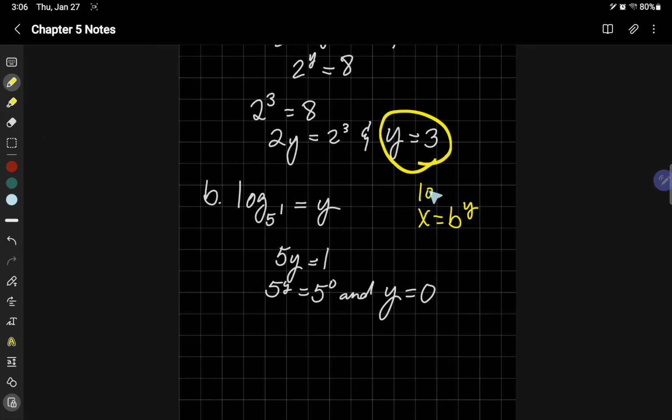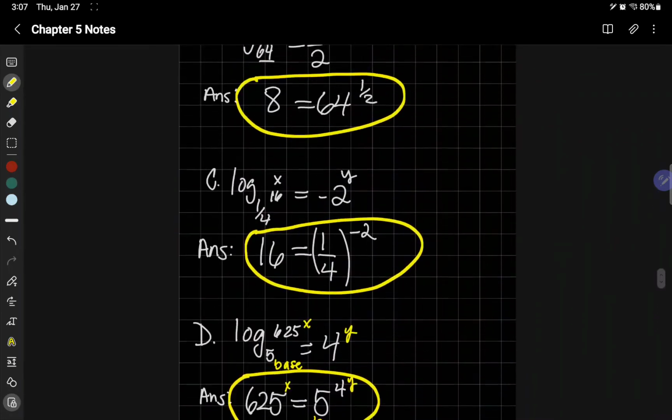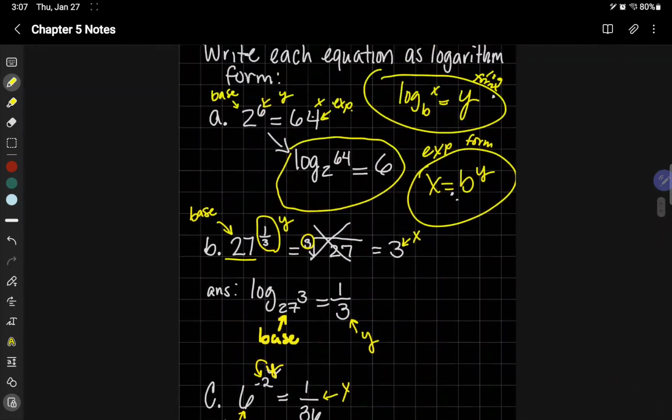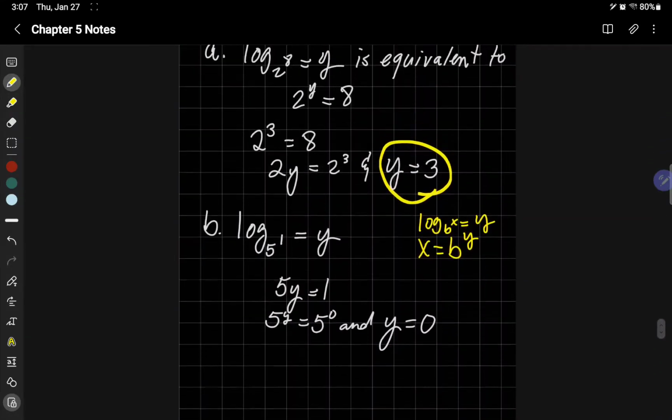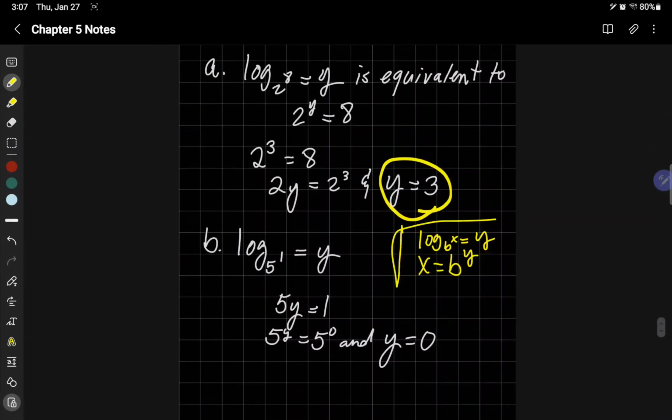And remembering this, log base b of x equals y. We have to remember it. My goodness. If you don't understand this part, the formula, you won't answer it. Wow. I now understand it.